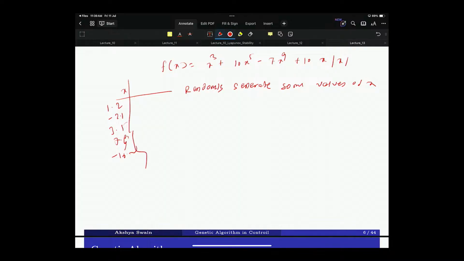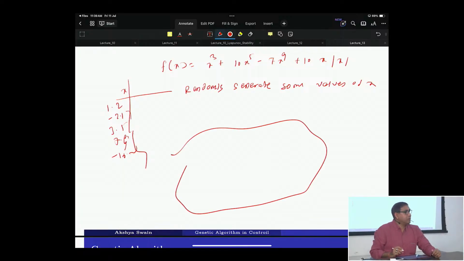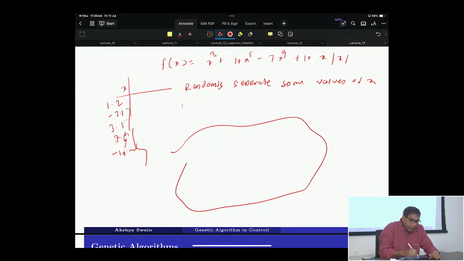Now I'll generate some random values. For each value, I will compute what is f of x, at each value which I have generated, right? Then find out which value gives me the maximum or the minimum. Got my point? Suppose I cannot differentiate, so I will generate randomly.